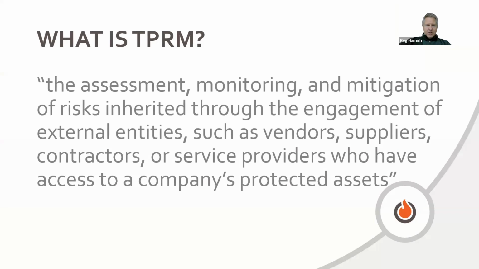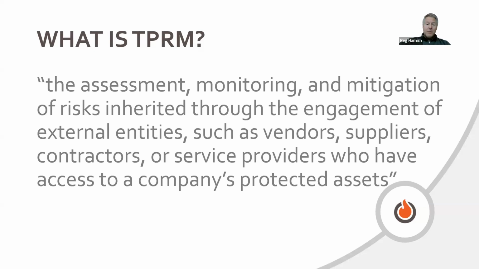So let's start with the definition. Third-party risk is the process of assessing, monitoring, and, for me, it's about first of all understanding who your third parties are, assessing the risks that they introduce, monitoring for changes, and then treating those risks in a way that makes sense in your overall risk strategy.